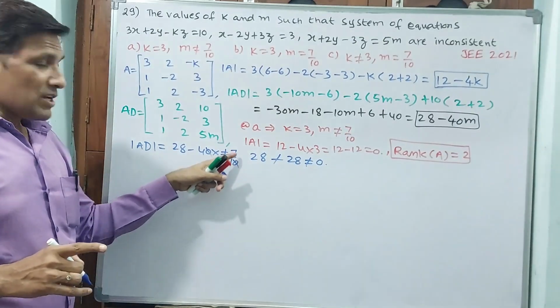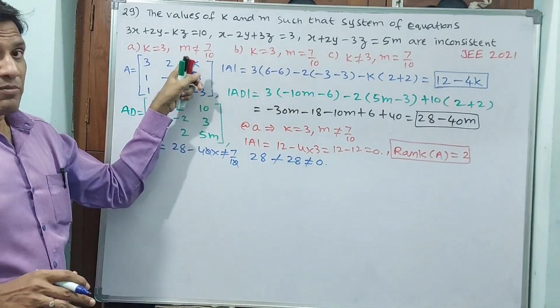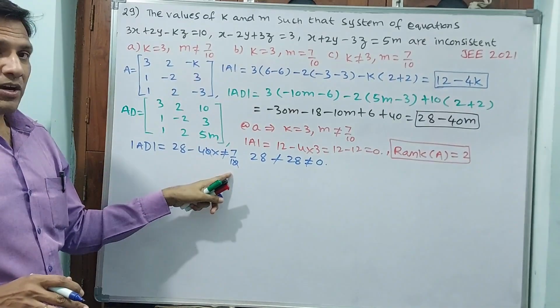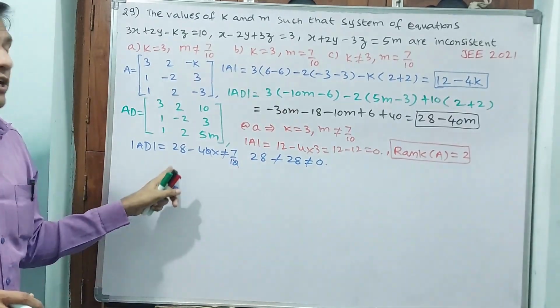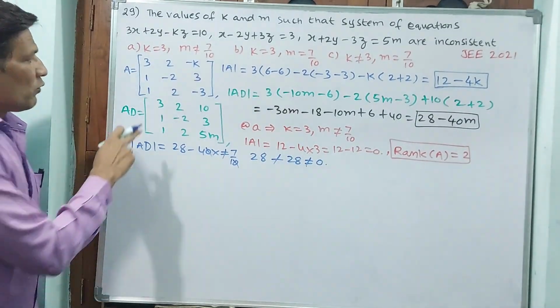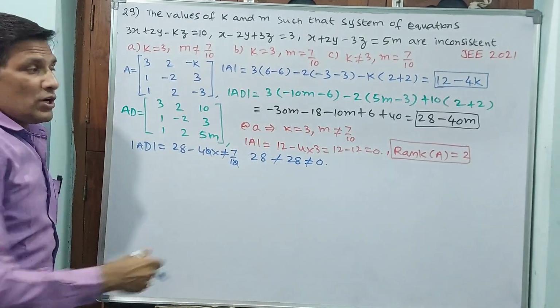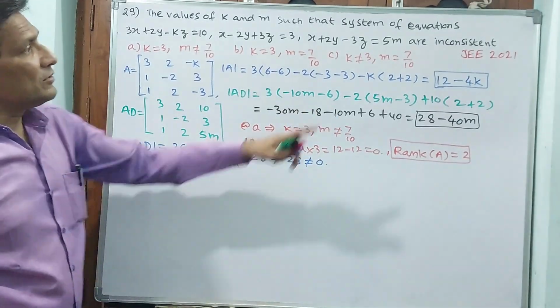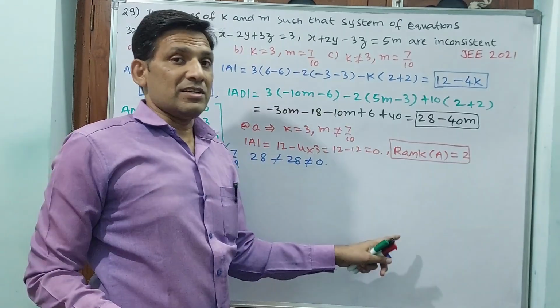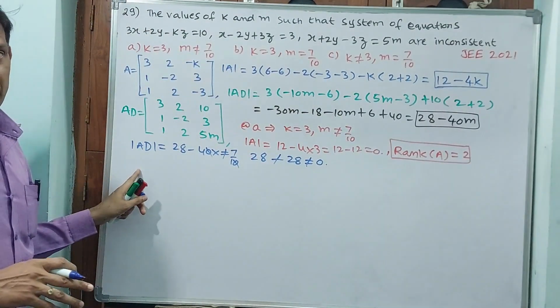Why? m is not 7 by 10, that is why 7 by 10 we are not taking. If you take 7 by 10, 28 minus 28, it is going to become 0. If it is 0, if you go back inside, same determinant, rank is going to become 2. Then both ranks are same means not inconsistent, it is consistent. Maybe infinitely many solutions.